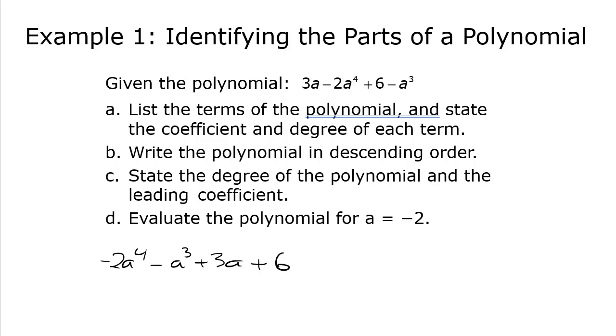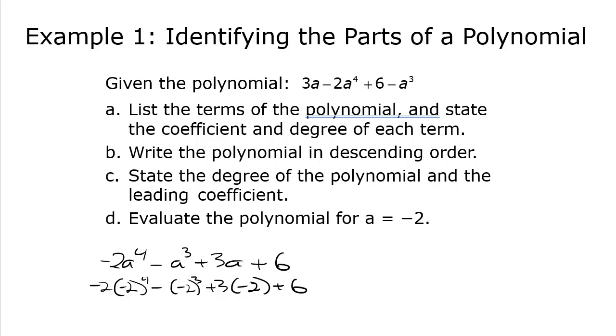and if we want to evaluate it at a equals -2, you're simply plugging that in. So -2 times (-2) to the fourth minus (-2) cubed plus 3 times (-2) plus 6. You'll notice that I'm putting these in parentheses because when I let a equals -2, that entire thing goes in for a, and so the negativity is also getting raised to a power.